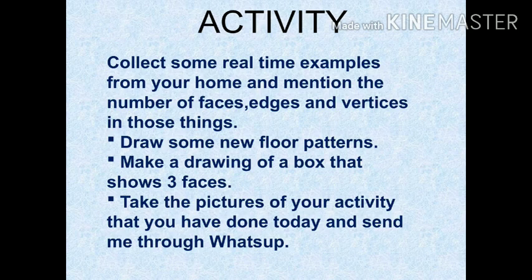An activity, first activity, you have to collect some real-time examples from your home, like a water can, water bottle, box, whatever it may be, and mention the number of faces, edges and vertices in those things. And you can draw some new floor patterns in your rough note. Make a drawing of a box that shows 3 faces. I need to see a drawing of a box that shows 3 faces.